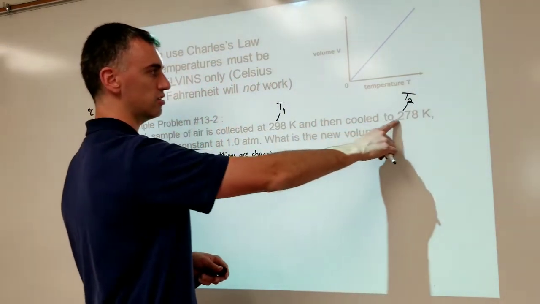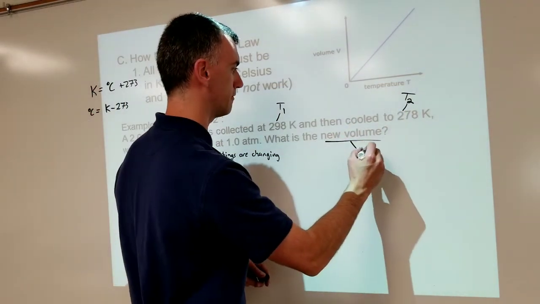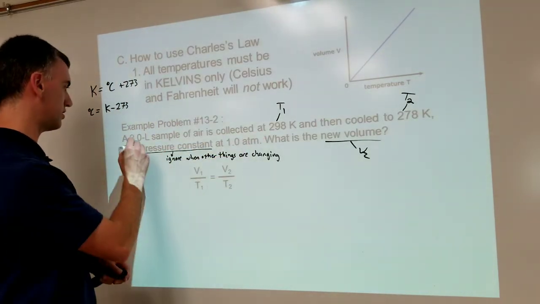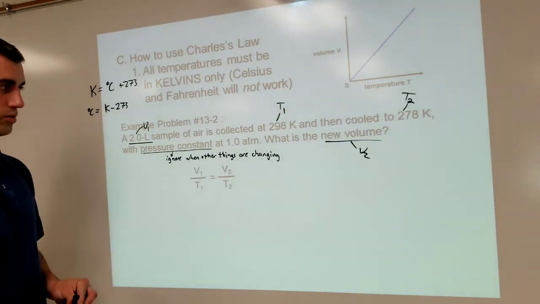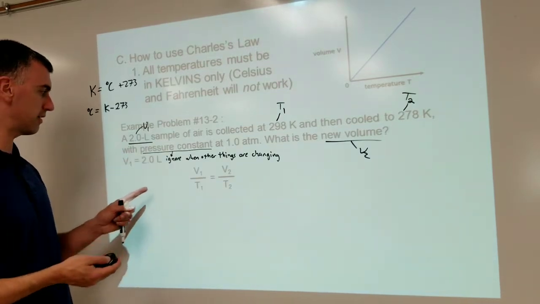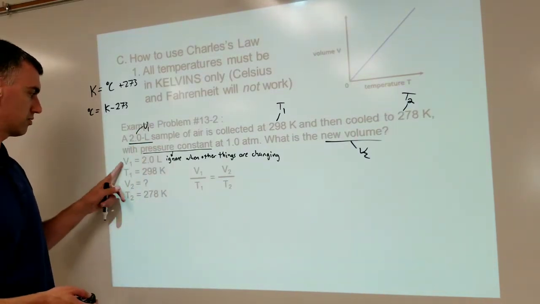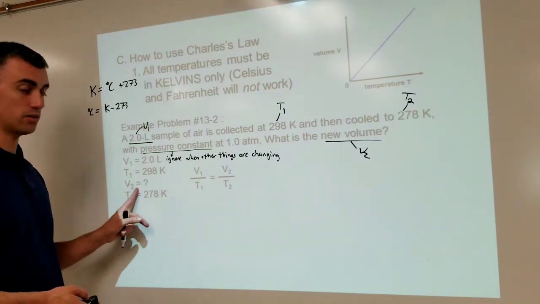So if you cool it to this, you went up here, which is why it's temperature 2. New volume, that would be V2. And if new volume is V2, then this must be V1. So step 1, pick out your equation. Step 2, identify your variables. And so this is the same as I just did. So you get this down. So now you know you're solving for V2.